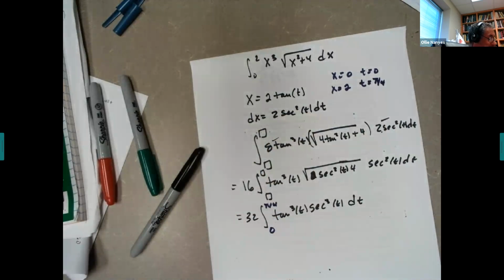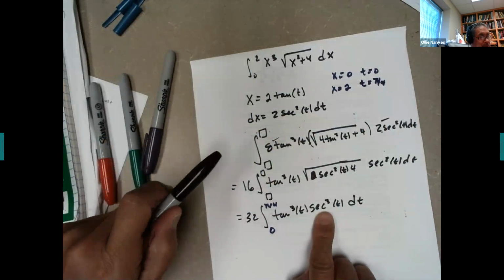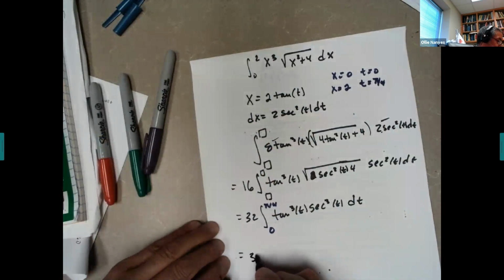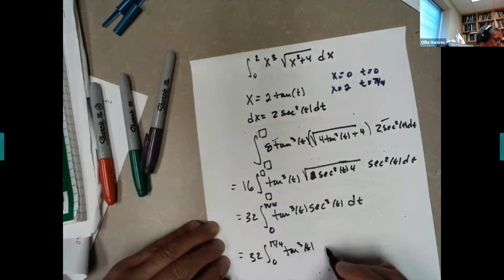Now we've gotten this completely done over. And notice secant cubed is an odd power, so that's not going to help me too much.